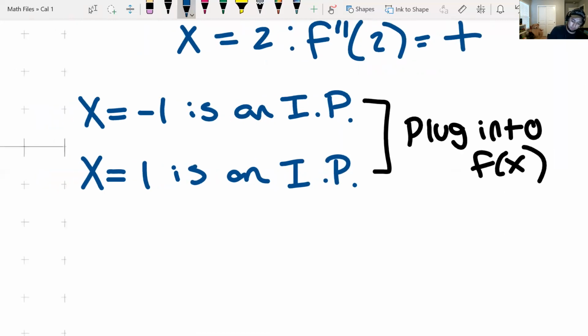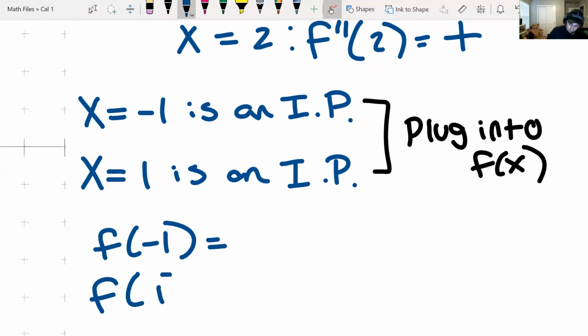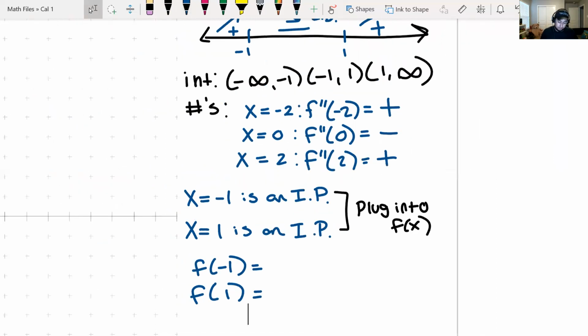Now, type this into the original function.